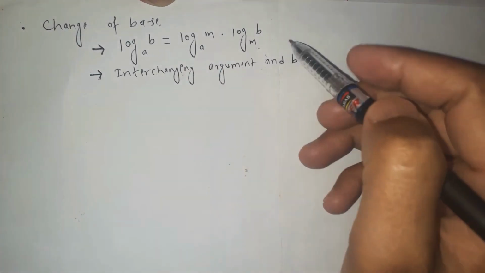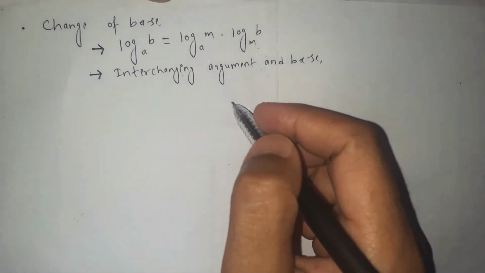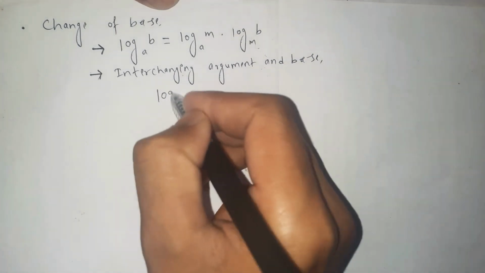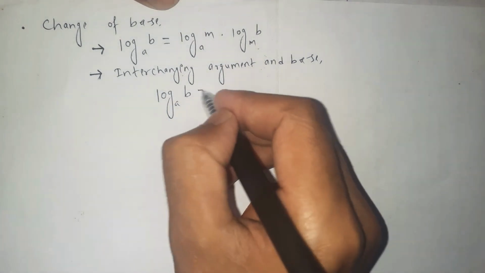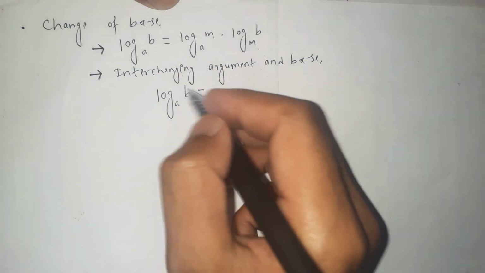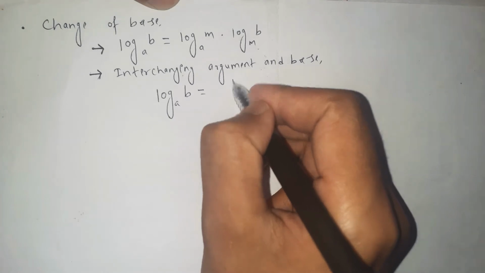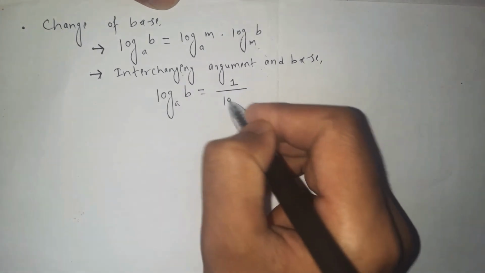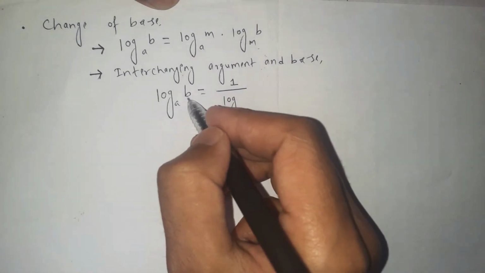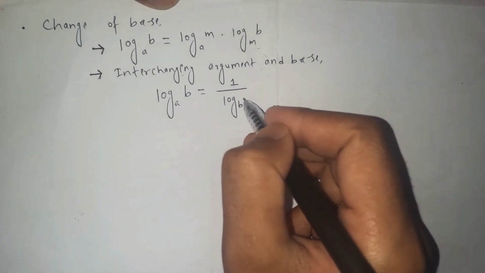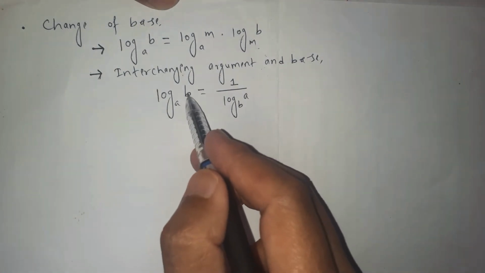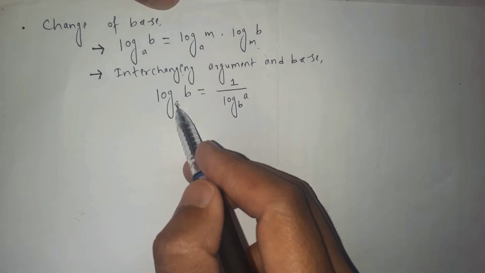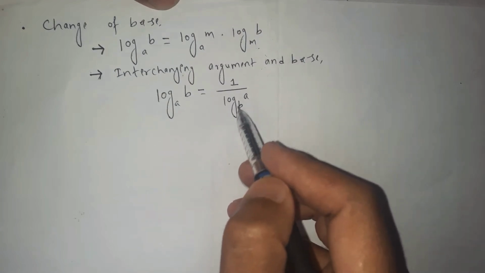The interchanging way is the log with base a of a number b can be written in terms of the interchanging of the argument and the base, and this is equal to 1 over log with the base b of a. Here we just interchange. Here b is the argument and a is the base. Here we just interchange the argument and base.